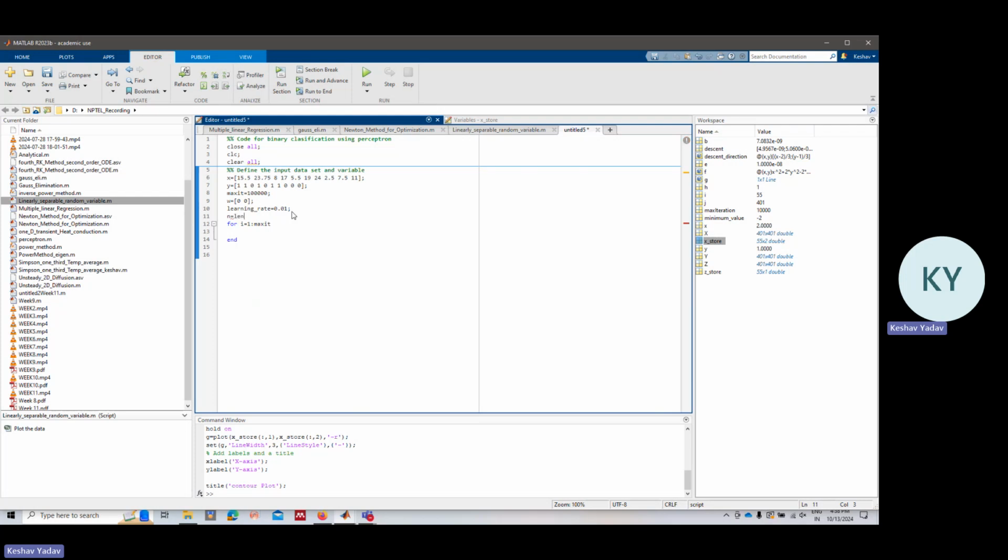N will be equal to the length of x. So y hat will be what?